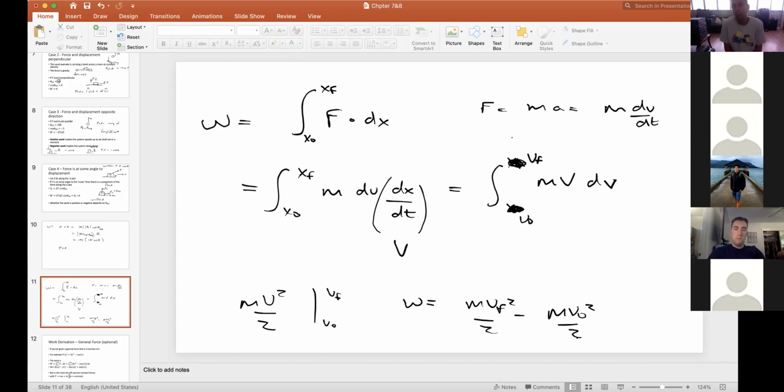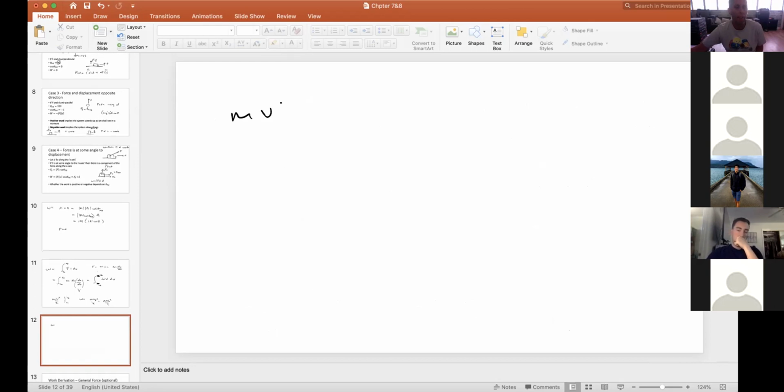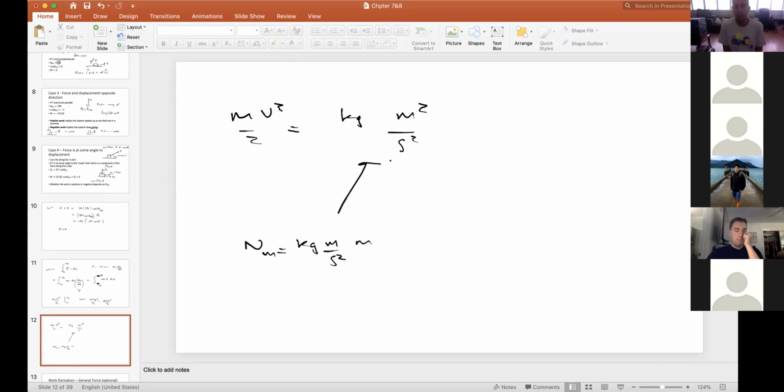That's saying that if we apply a force for some distance, we get a change in kinetic energy. If you don't believe this is energy, mv squared over 2 has units of kilograms meters squared over seconds squared. Remember that a newton is a kilogram meter per second squared, so if I multiply by another meter, I get energy.